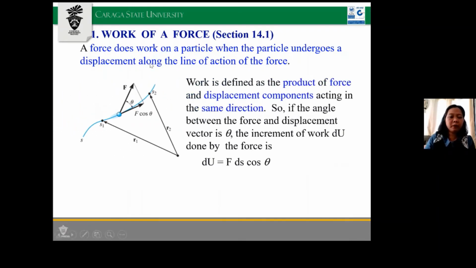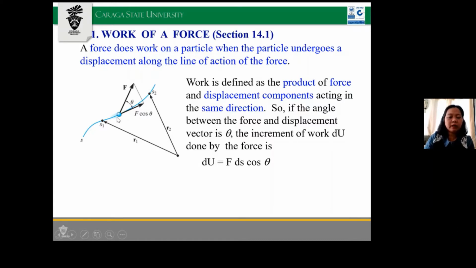For example, work is done as the product of the force and displacement components acting in the same direction. If you have force F applied on this particle, then there is work done as the particle moves from S1 to S2. Your work is in this direction.